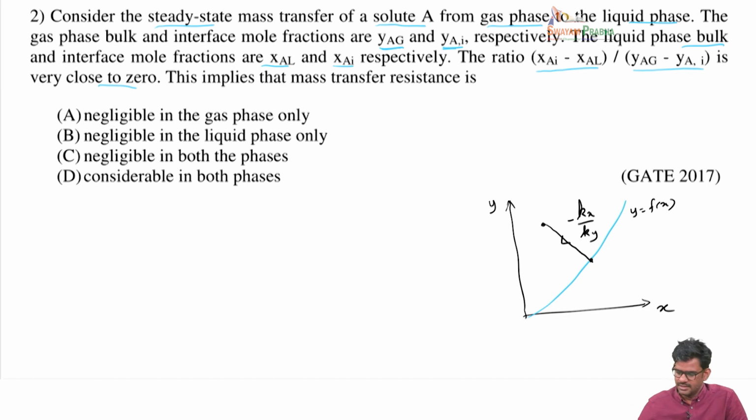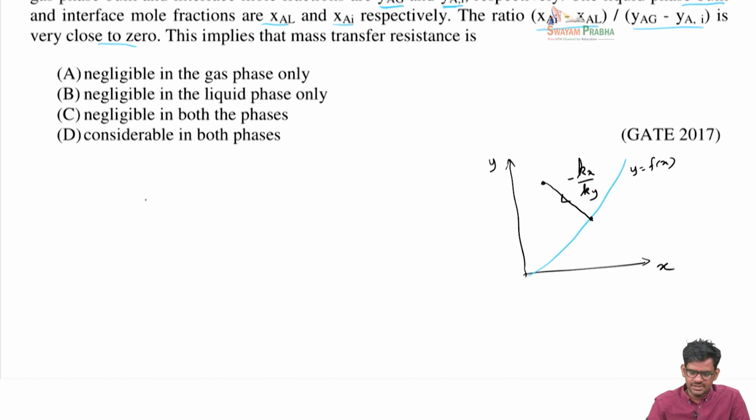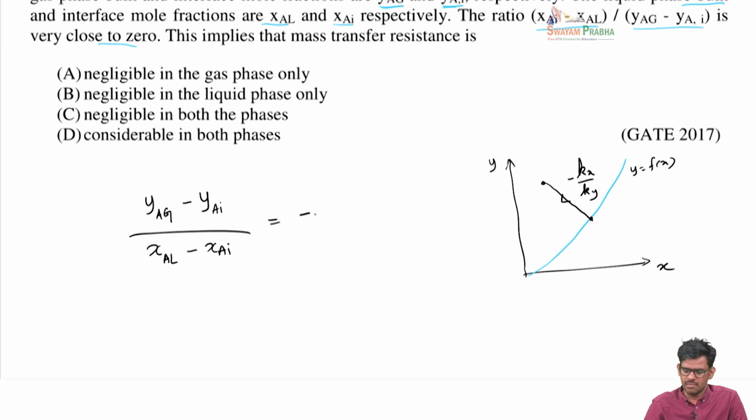The equation of this line we have discussed is YAG minus YAI. Sorry, this is not L, this should be G. So YAG minus YAI divided by XAL minus XAI is equal to minus kx by ky.